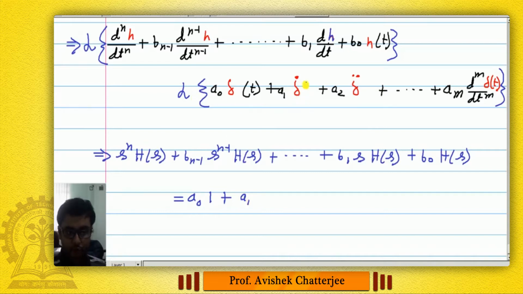Laplace transform of delta dot will be s times Laplace transform of delta, which is 1, plus this will be a_2 s square multiplied with 1 and so on, plus dot dot dot. Here we will get a_m s to the power m.